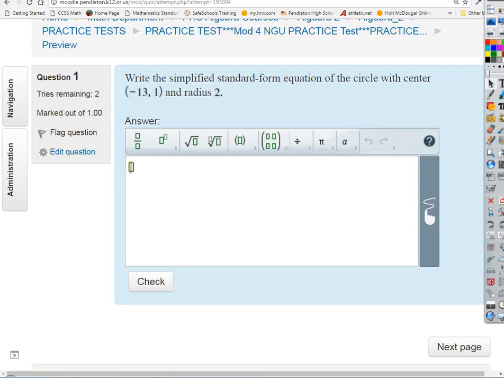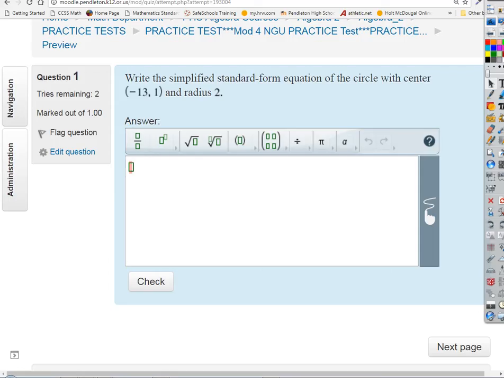The review for the final is on Moodle. You have a review for the final? You have to do it by tonight, by 3. I'm just gonna do graph cards.